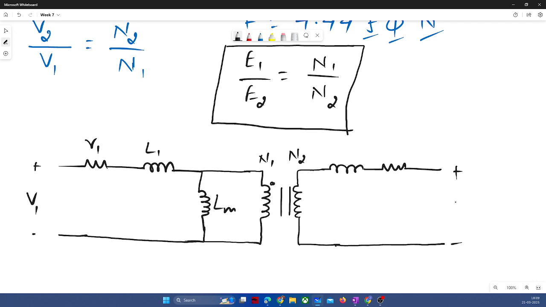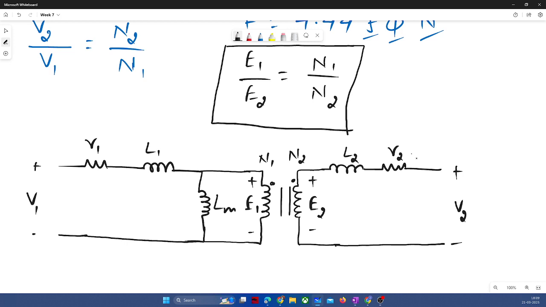And here the voltage, let me first write the induced EMF, that is E1 in the primary winding, and induced EMF in the secondary winding is E2. Here dots are important. I will discuss the significance of these dots, how to place the dots. So L2 and R2.